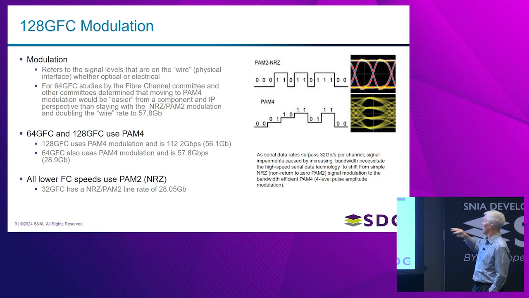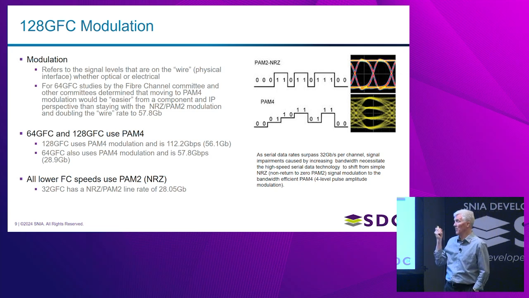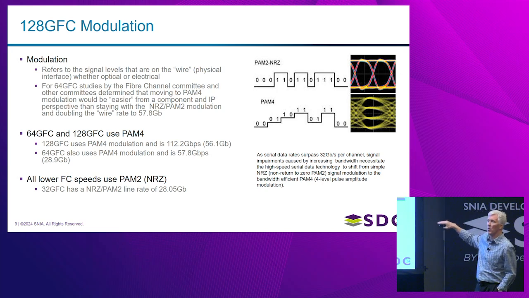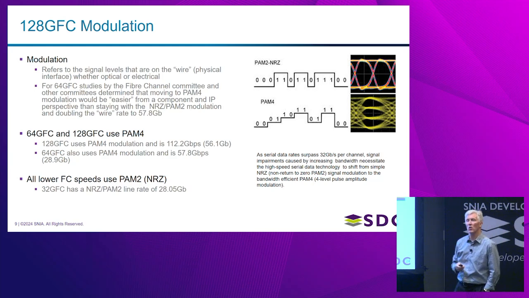So for example, you have 128 gig, which is modulated at actually 56.1 gigabaud, but is producing a 112.2 data rate. And that is because of the way that the encoding schema works, where different levels of energy represent different bit encodings. And again, this represents a key jump at 64 gig.